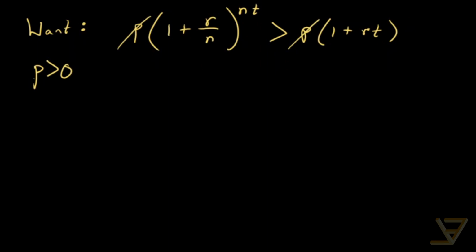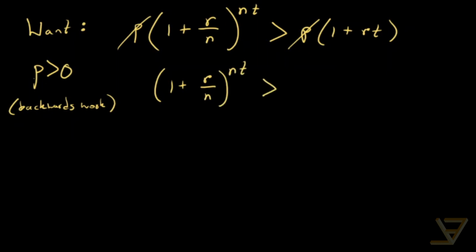We're doing some backwards work now. So we're going to rewrite this as 1 plus r over n to the power of nt is greater than, and I'm going to rewrite the rt in a slightly different form.